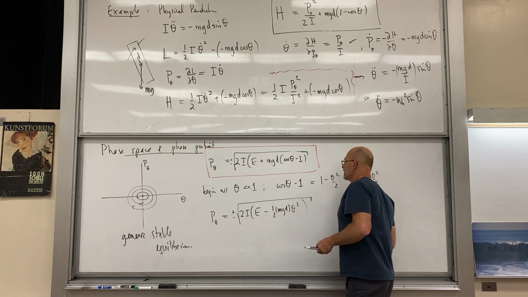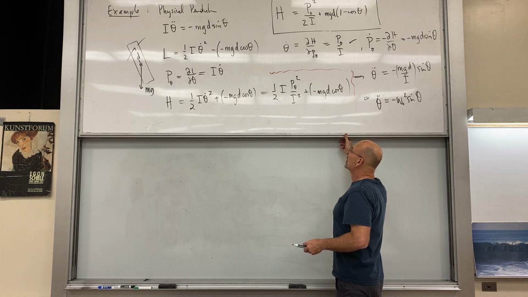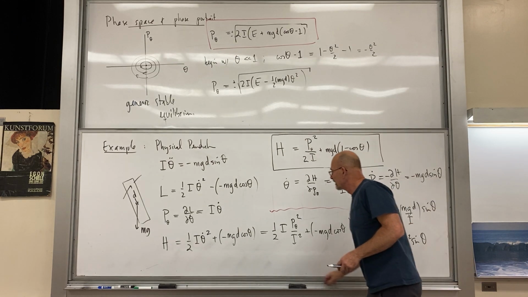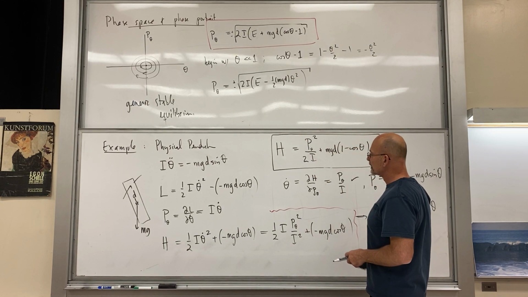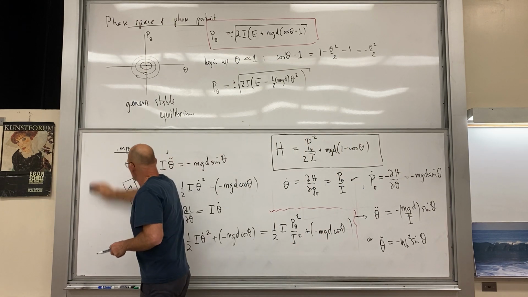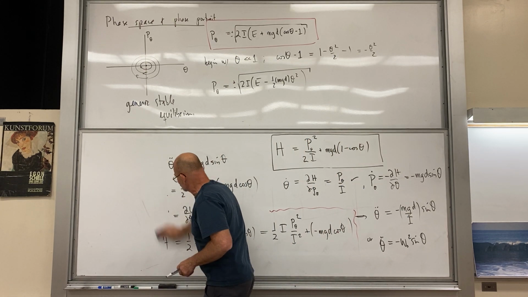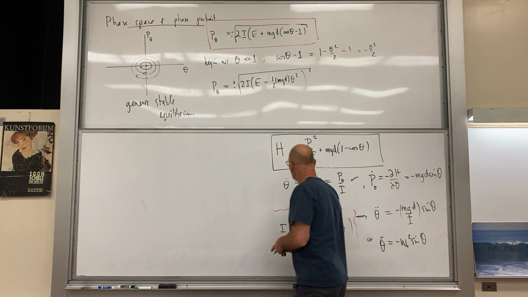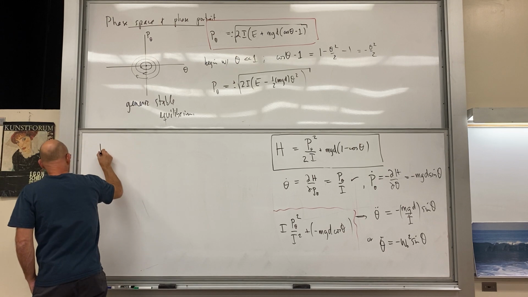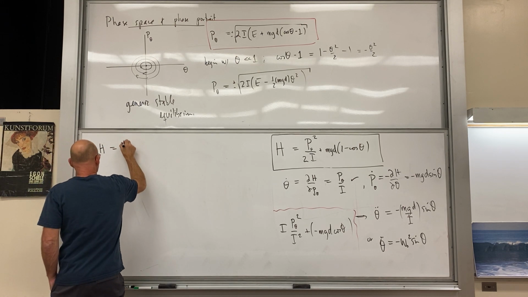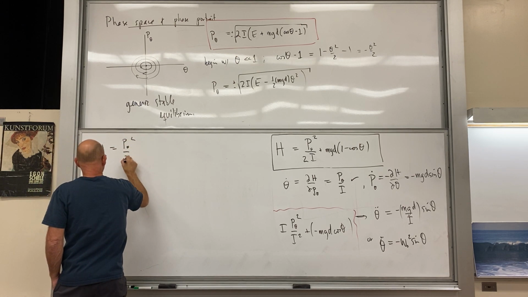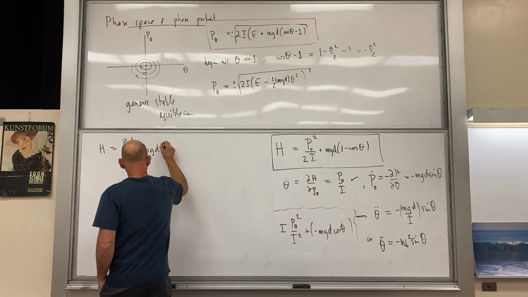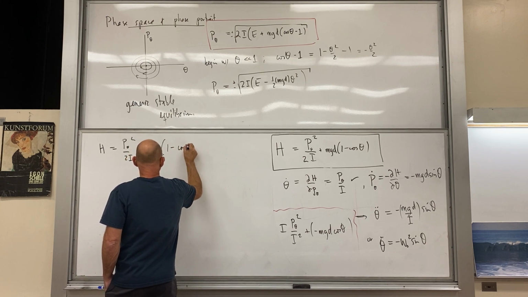Okay, so I'm going to hold on to this Hamiltonian. I'll put it over here a little smaller. H equals p theta squared over 2I plus mgd times 1 minus cos theta.